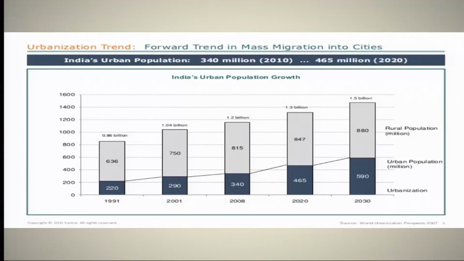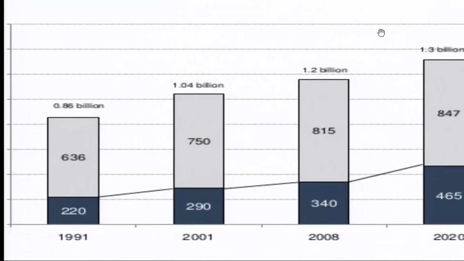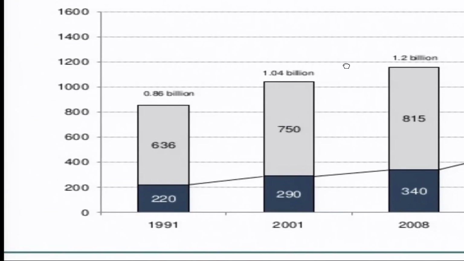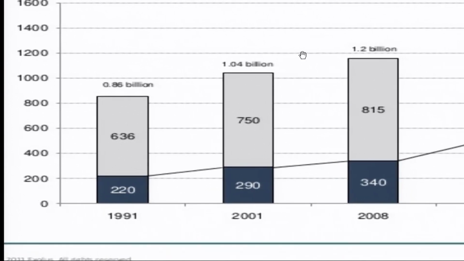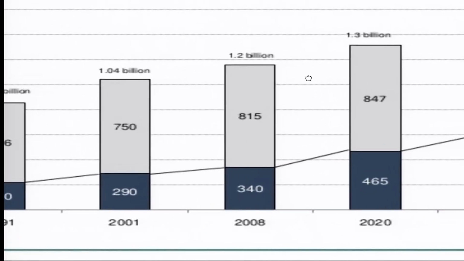Let us now discuss the trends, the forward trend in mass migration into cities. Just see the graph. You will find that initially in the year 1991, there were 220 million, and in 2001, 750 million. It grows on and on.